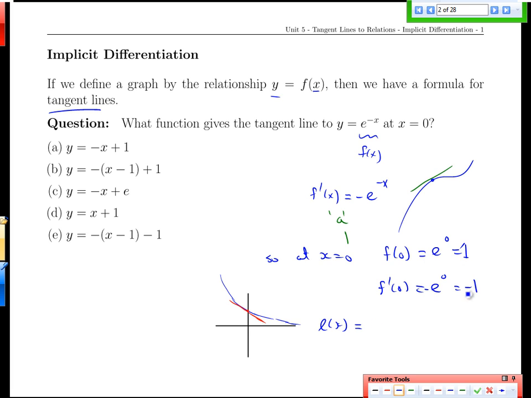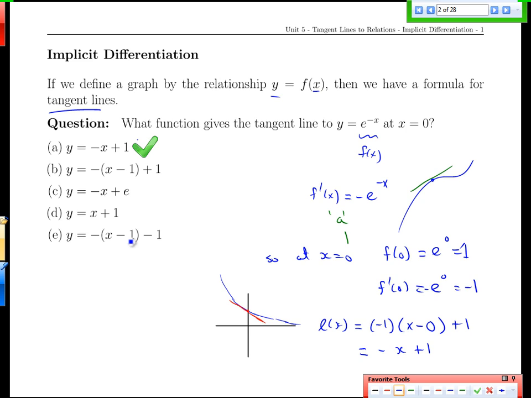L of x is f prime of a, minus 1, times x minus a, x minus 0 in this case, plus 1, or more simply minus x plus 1. There we go. Minus x plus 1 is in fact what we're looking for in this particular scenario.